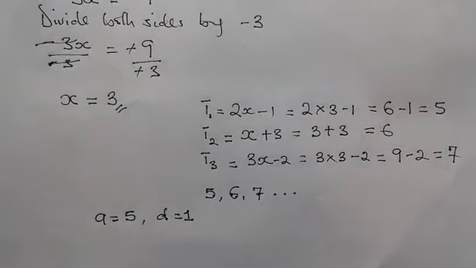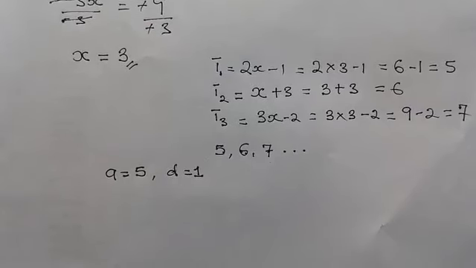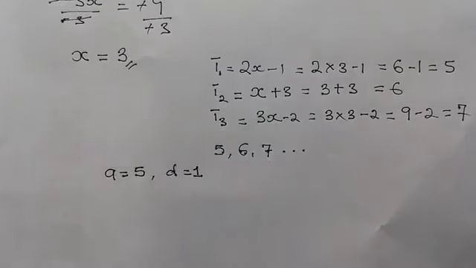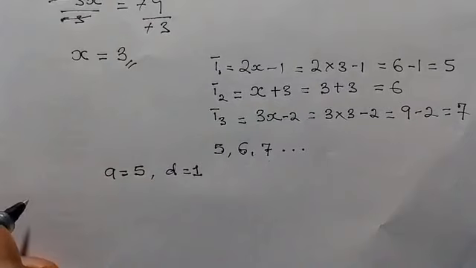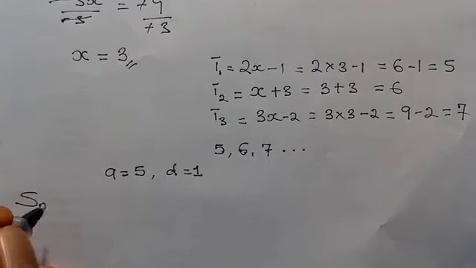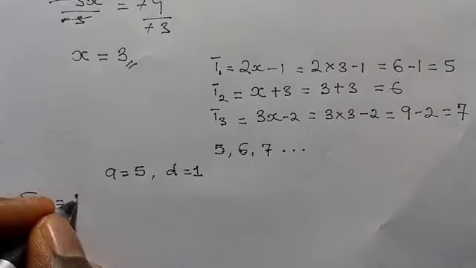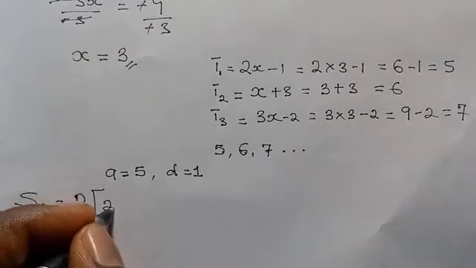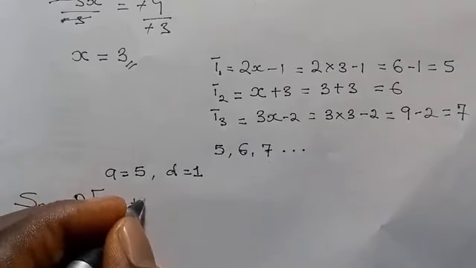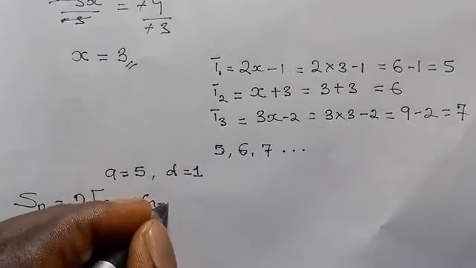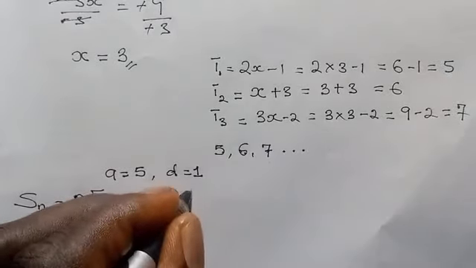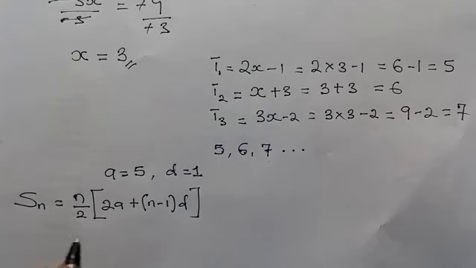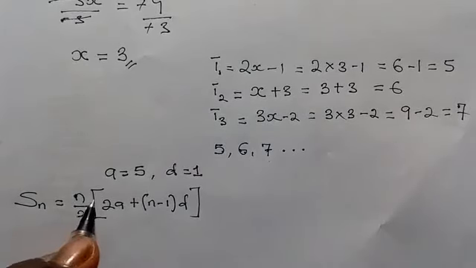And for us to now solve for the sum of the first 8 terms, we use this formula for calculating the sum of an AP, which is Sn equal to n over 2 into 2a plus n minus 1 into d. This n represents the number of terms.